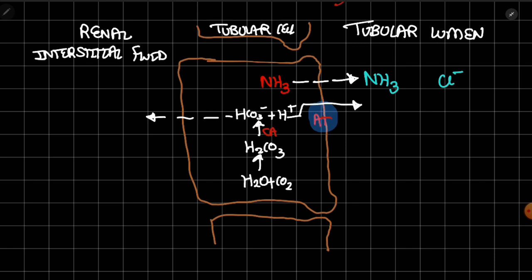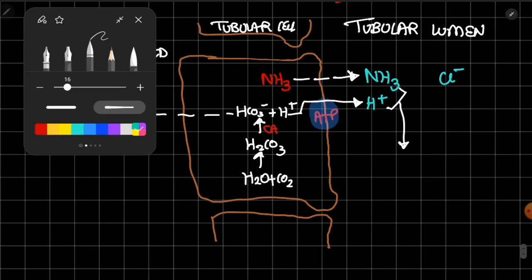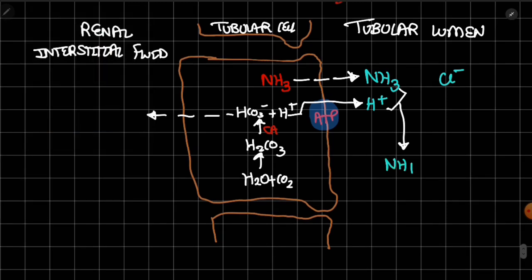Only H plus is thrown out, and this H plus combines with NH3 to make NH4 plus along with Cl minus, and they are excreted in the urine. The CO2 is obtained from the renal interstitial fluid, the metabolic product.